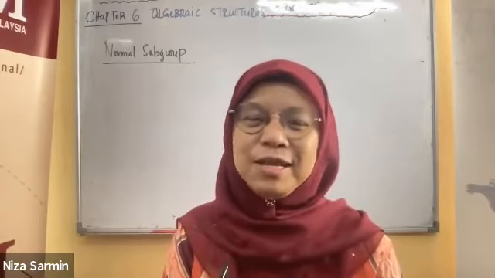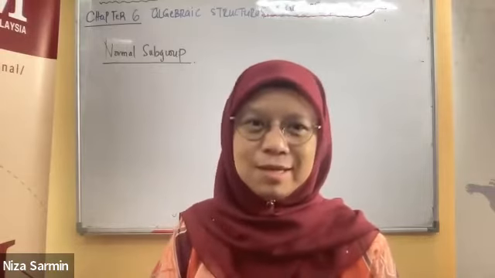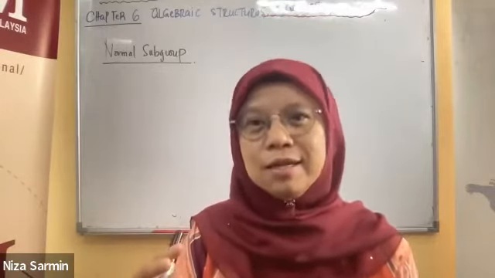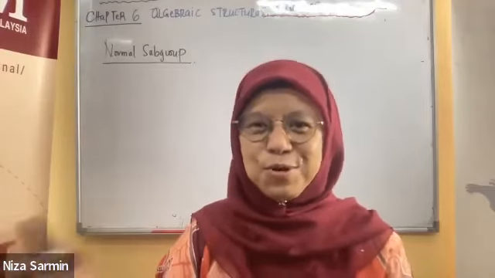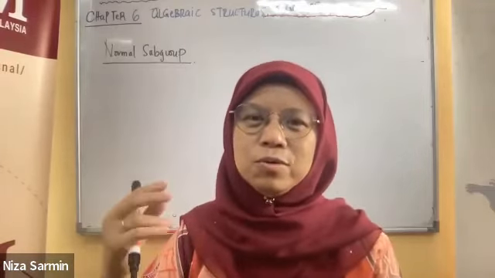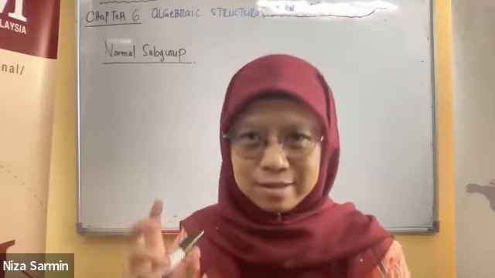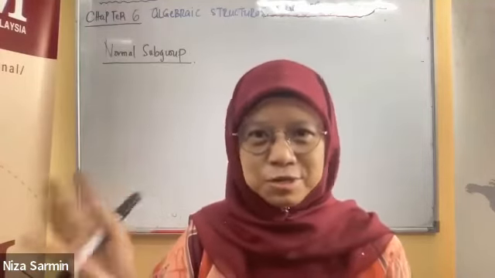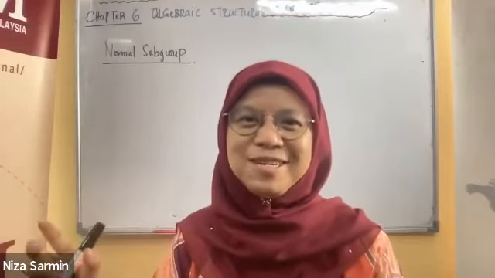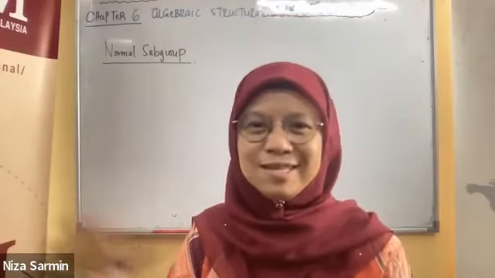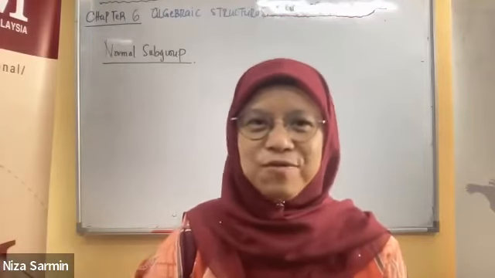This is actually the hardest chapter for this class. Not hardest in the sense that you cannot score, no. Hard meaning it's really abstract. That's why modern algebra in some universities, like my university, is called abstract algebra. It's very abstract. I didn't say hard in that kind of height.